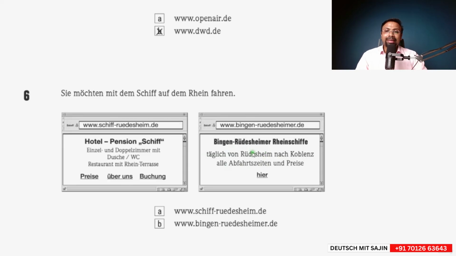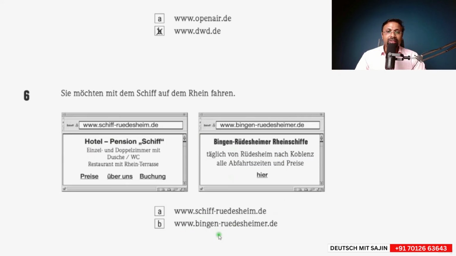So daily from Rudolfsheim, which is a town, to Koblenz, all departure times and prices. The Abfahrt is the departure.